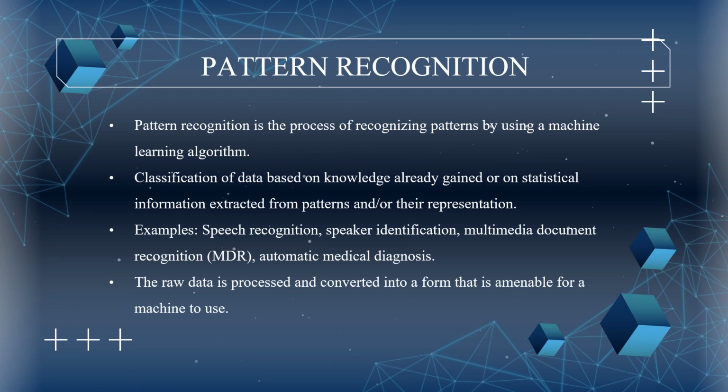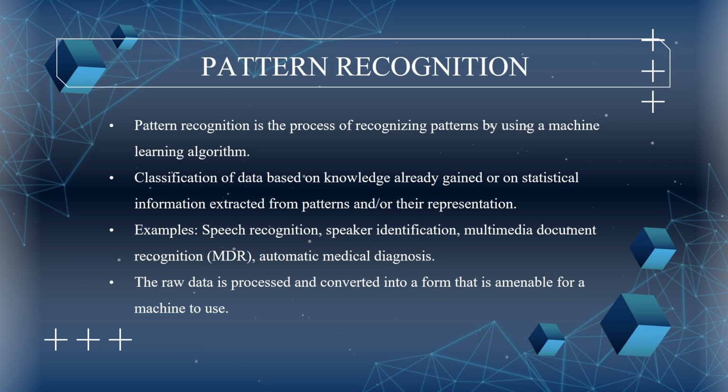Next, what is pattern recognition? We have seen what is a pattern. Now, pattern recognition is the process of recognizing patterns by using a machine learning algorithm. It is defined as classification of data based on knowledge already gained or on statistical information extracted from patterns and/or their representations.